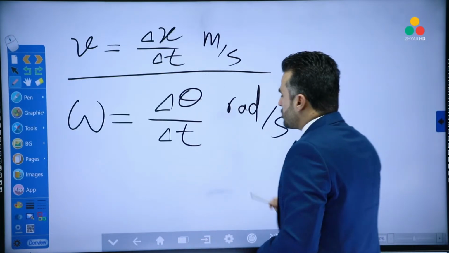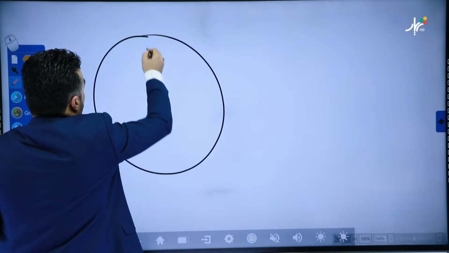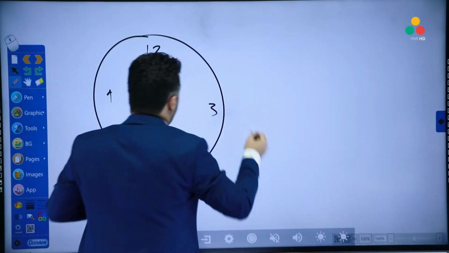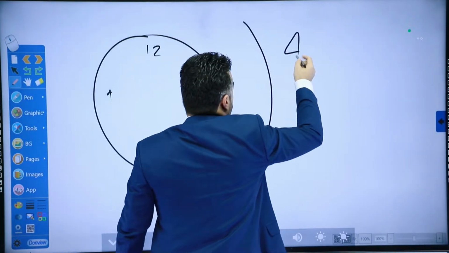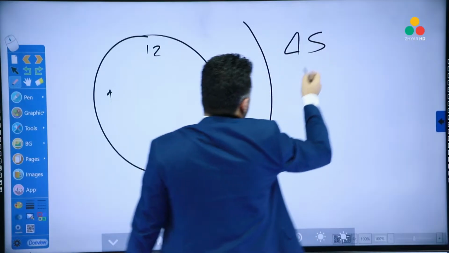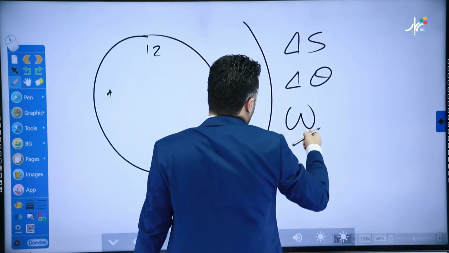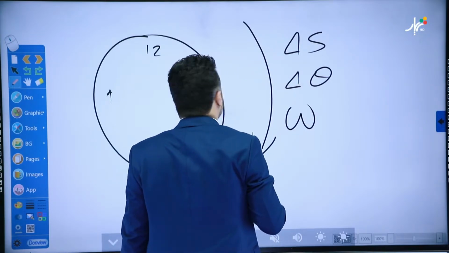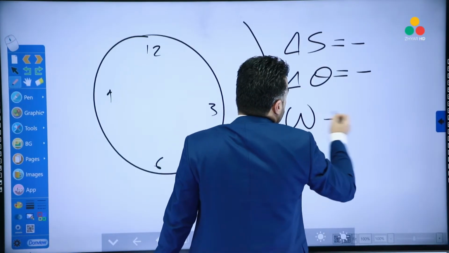Now let's talk about the direction of angular speed. Let's say this is 12, 3, 6, and 9. If the motion is clockwise, the arc length, the angular displacement, and also omega, the angular speed or velocity, because we're concerned with the direction, are considered negative.